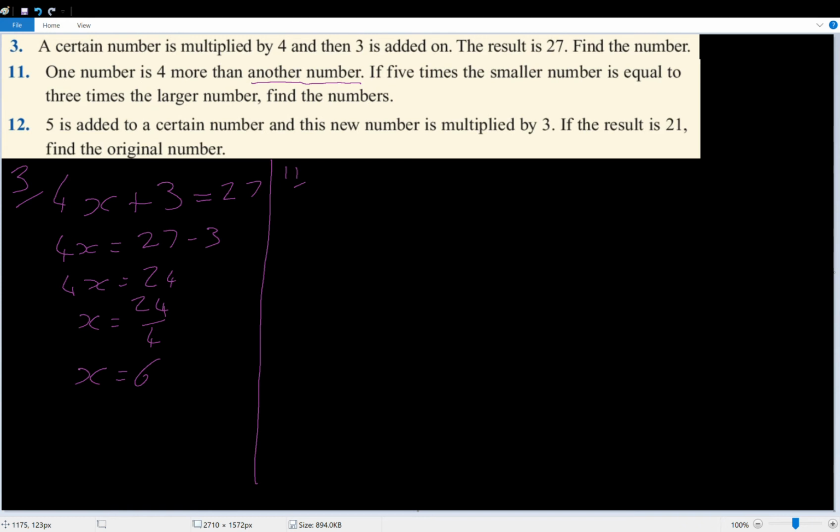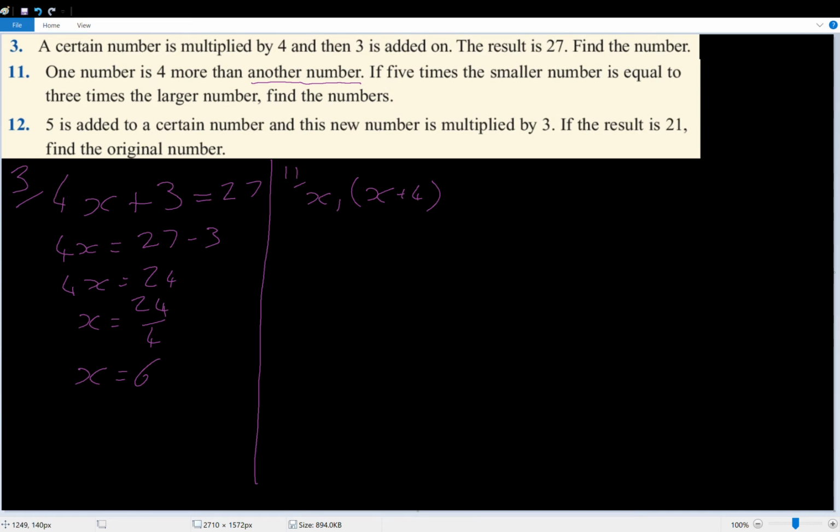So what's going to happen with this is we're going to go through nice and slowly here. So we got one number is 4 more than another number. Well, if we call one of the numbers x, we just need a number now that is 4 more than x. Well, 4 more than x would just be x plus 4, like that. So those are our two numbers, x and x plus 4. Now we're just going to go to the rest of this and see what we need to do with those numbers.